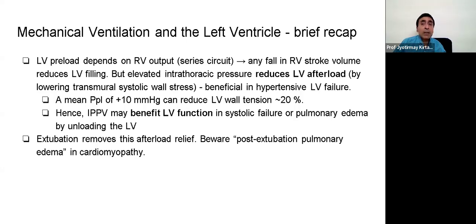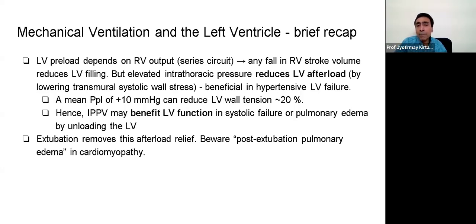Only in a hypertensive heart failure does positive pressure ventilation work like magic, because it will reduce the right ventricular output and will unload the already overfilled left ventricle, as in pulmonary edema and left ventricular hypertensive failure. But remember, it has a flip side.